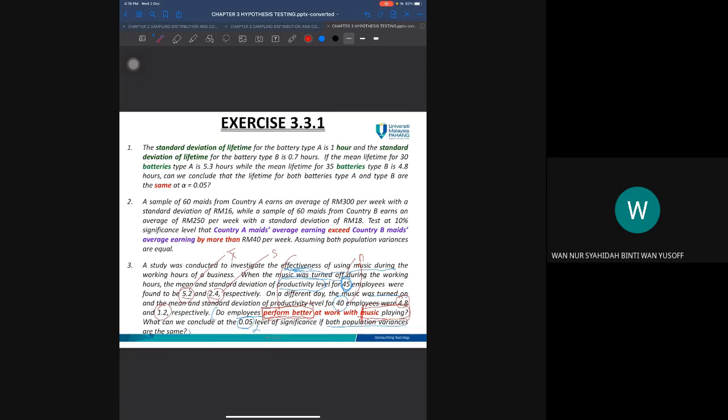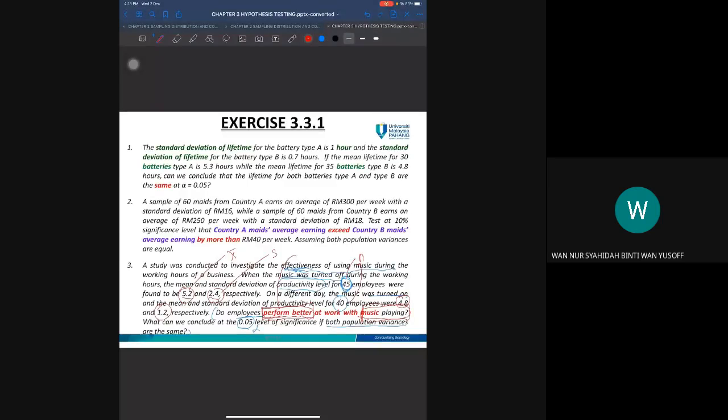Because of what? It is greater than. If we change that something, we might get less than for perform better. The variable itself is the productivity level.